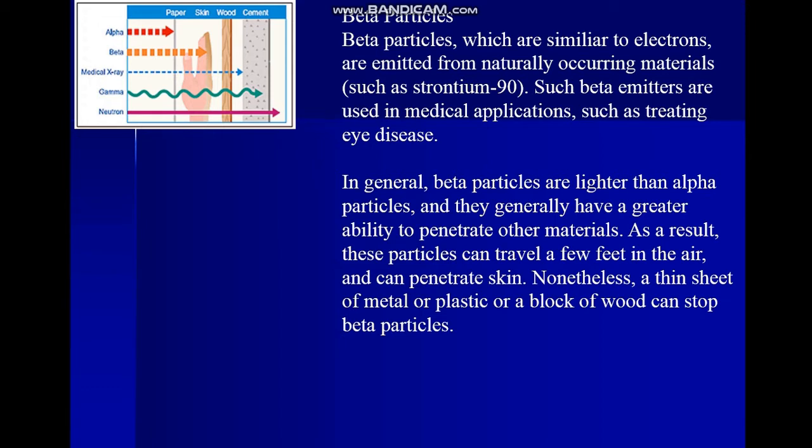In general, beta particles are lighter than alpha particles, and they generally have a greater ability to penetrate other materials. As a result, these particles can travel a few feet in the air and can penetrate skin. A thin sheet of metal or plastic or a block of wood can stop beta particles.